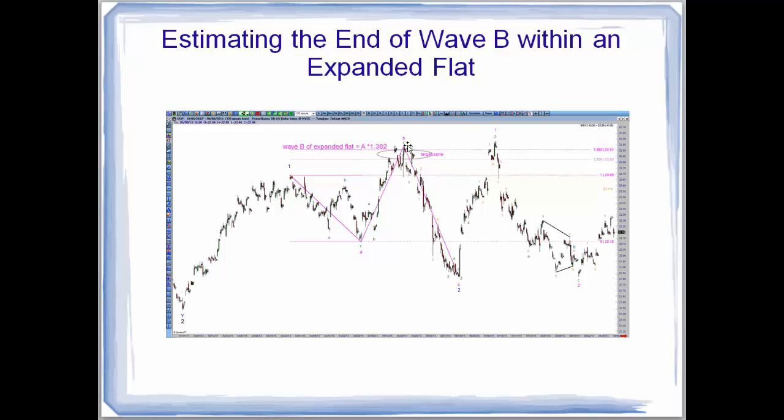In this case, wave B of what turned out to be an expanded flat ended very near the most typical 1.382 relationship with wave A. That's a big warning sign that you are not in a wave 3 yet.